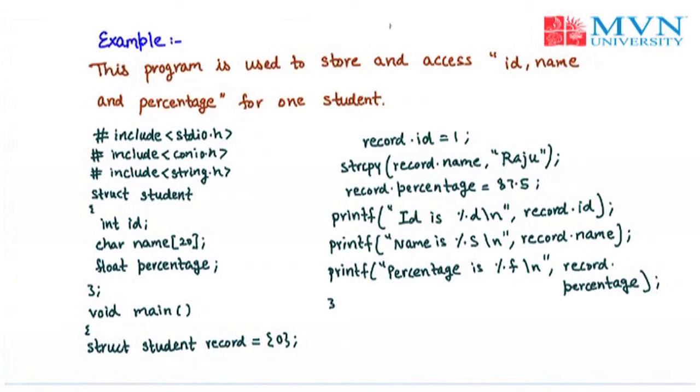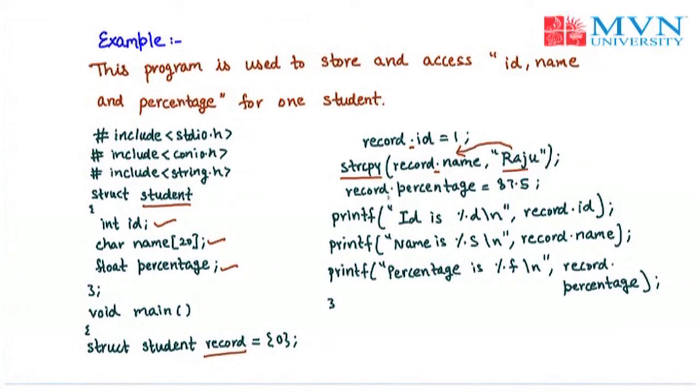In this program I have declared a structure with the name student with the three members id, name and percentage. Then in the main program I have initialized one structure variable, that is record. Then I have given the values of the three structure members, that are id, name and percentage, with the dot operator: record dot id is 1, record dot name Raju. Here I am using strcpy, which is a function for copying the string, so the Raju will be copied into the name member.